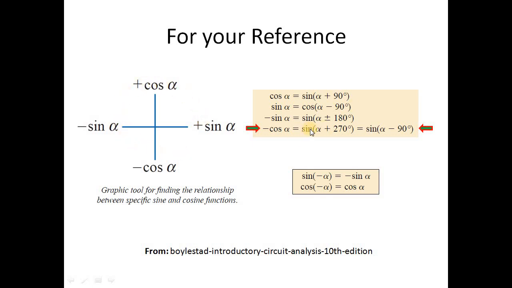That is what is written here, sine alpha plus 270 degrees. If I write it in the clockwise direction, it is sine alpha minus 90 degrees, or pi by 2. So minus cos alpha can be written as sine alpha minus 90, that is, minus pi by 2.